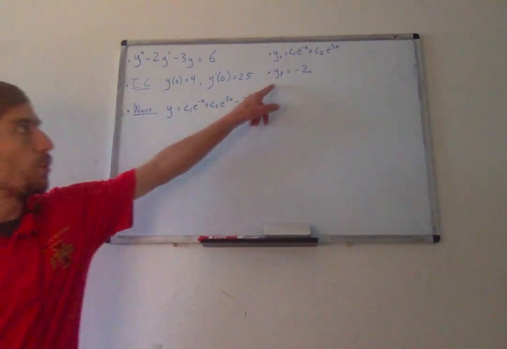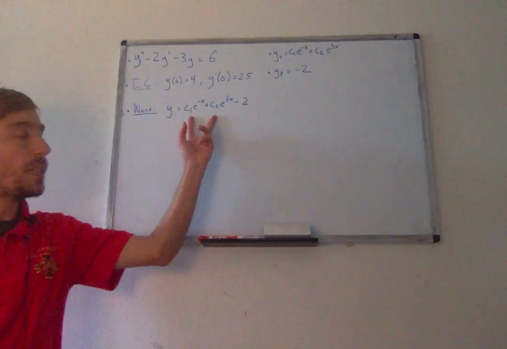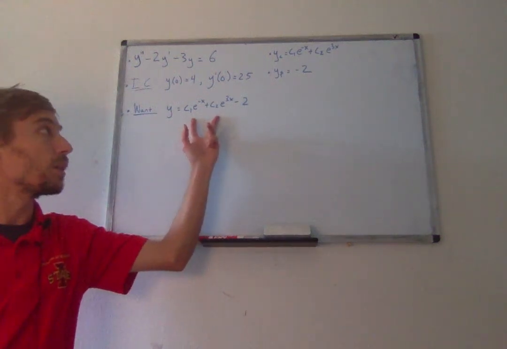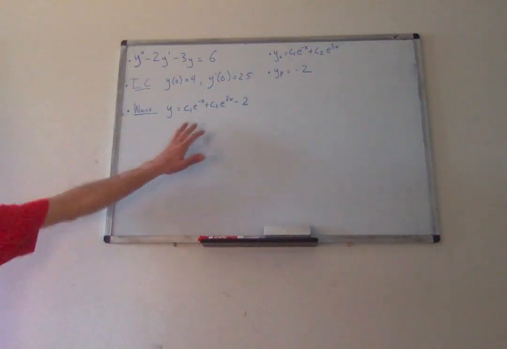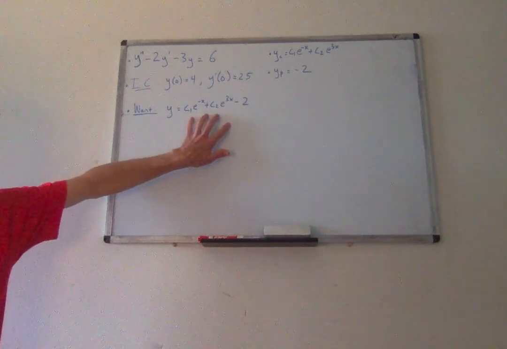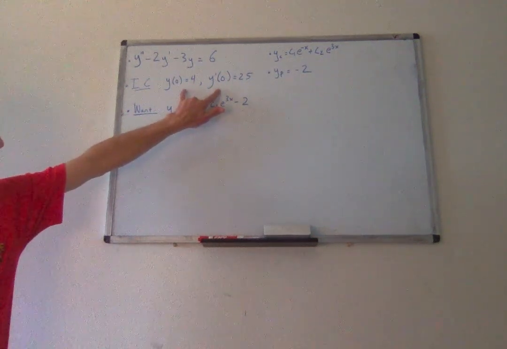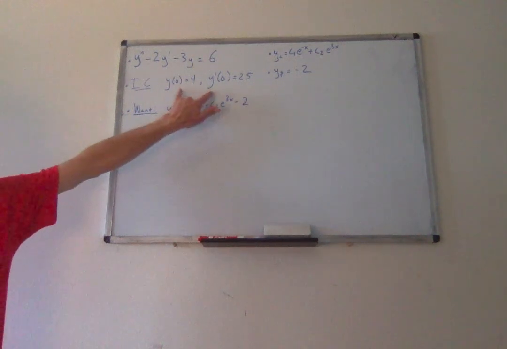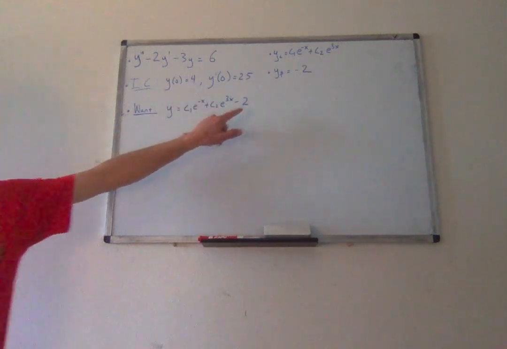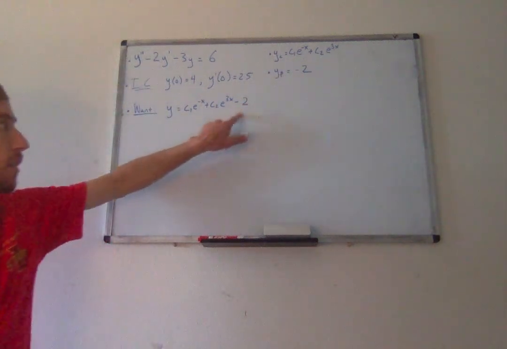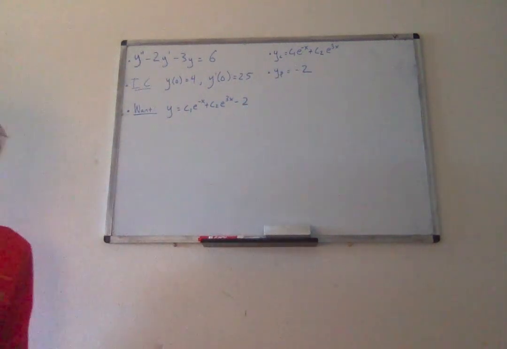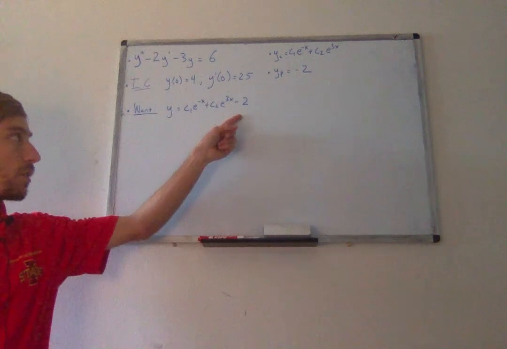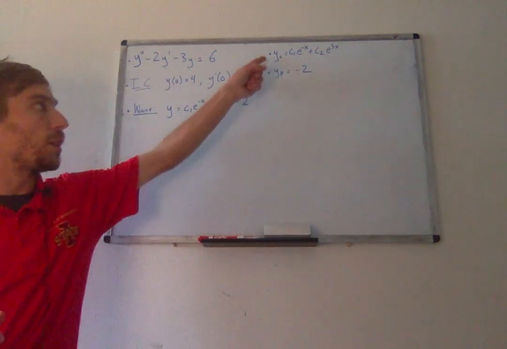Notice the particular solution here would just correspond to the case where these two constants were equal to 0. And so we want to take this general solution, use these two initial conditions, and find the value of c1 and c2. So be careful here. We do want to add on this negative 2 and work with this equation and not this equation.